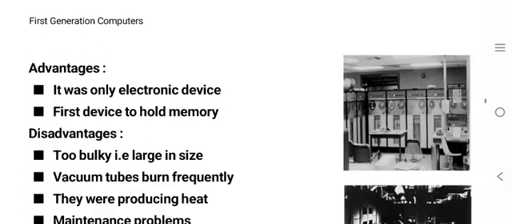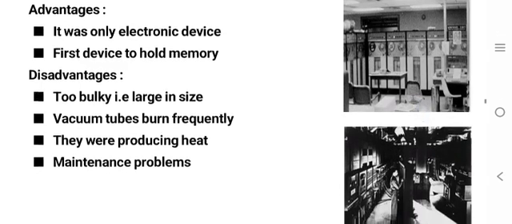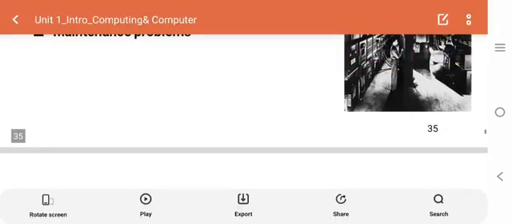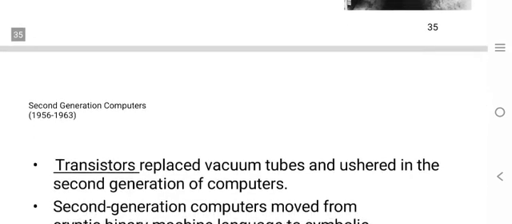The advantage of the first generation computer is that it was the first electronic device that could hold data or memory. But the disadvantages are that it was too bulky, that is large in size, vacuum tubes burned frequently, they produced heat, and there were maintenance problems. To overcome those limitations, the second generation computer came.